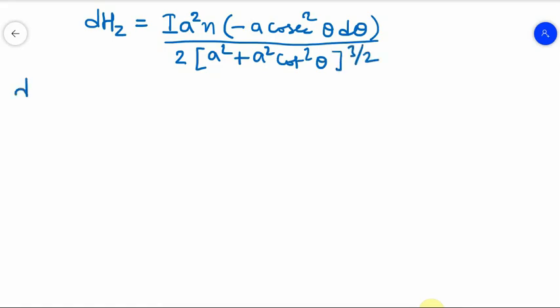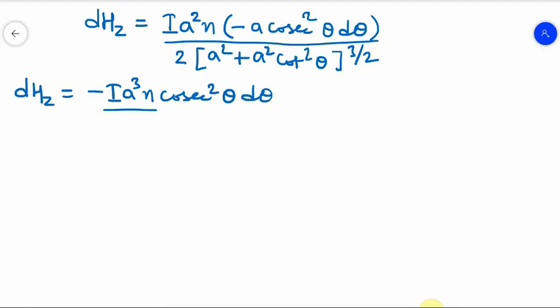Now this dHz equals, if we multiply this, minus a square into a, it is a cube n cosec square theta d theta upon 2 into, if we take this a square common, 1 plus cot square is cosec square, so a square cosec square theta to the power 3 by 2.